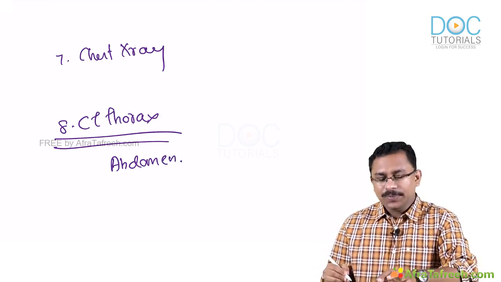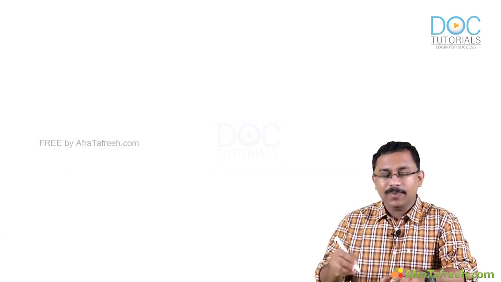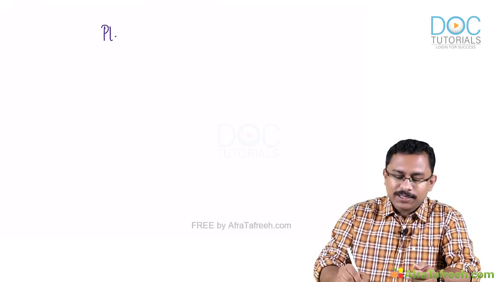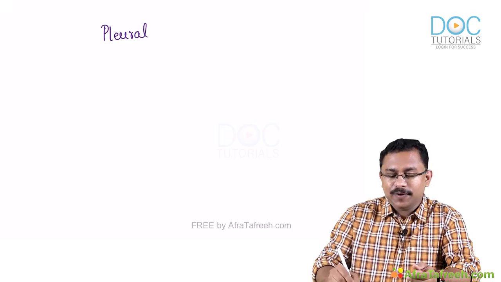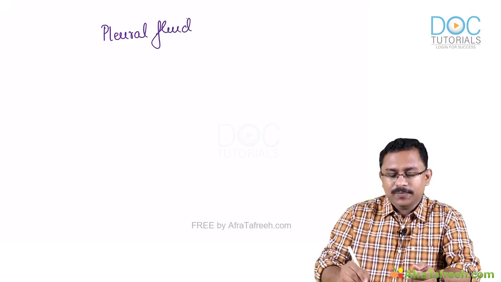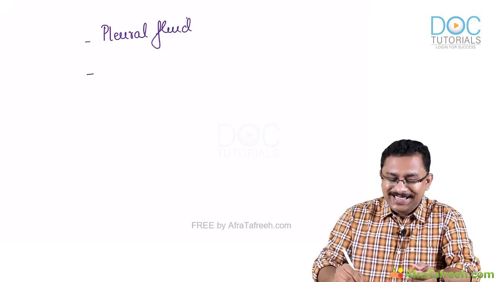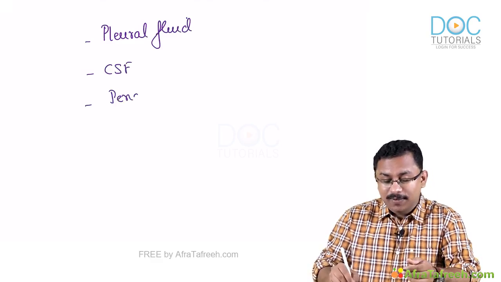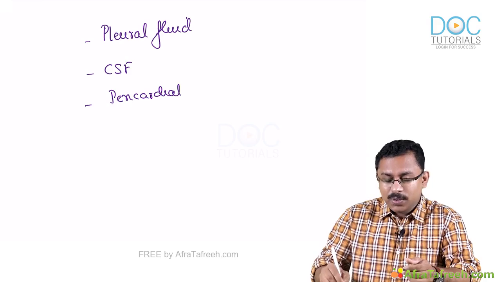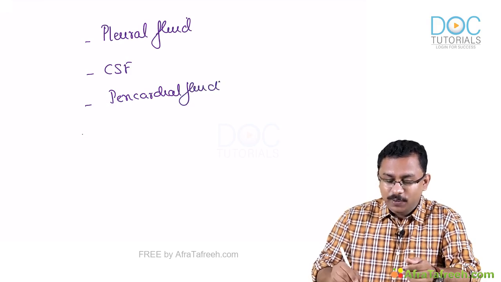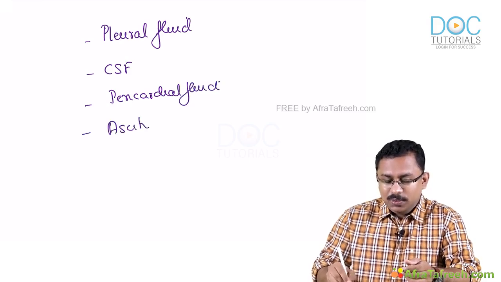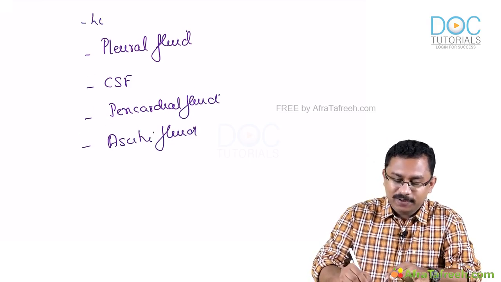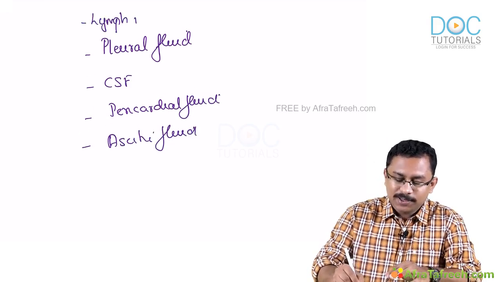And if you have an extrapulmonary suspicion, you can go for the CBNAAT study from your pleural fluid or maybe from your CSF. In certain scenarios, even your pericardial fluid. You can even do it from your ascitic fluid, and also from your lymph node aspirate.